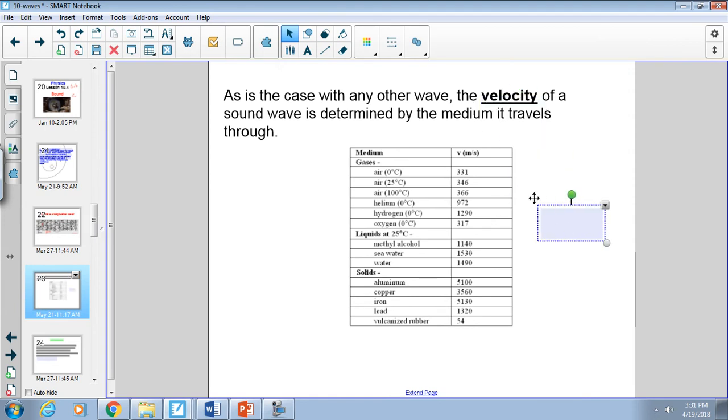So with everything else, the velocity of a wave is determined by the medium. In most cases, sound travels through the air, but it can also travel through other substances like helium. So you're not supposed to breathe in helium, but let's say hypothetically you did. You're at a birthday party, you had a bunch of cake, you're all hopped up on fruit punch.